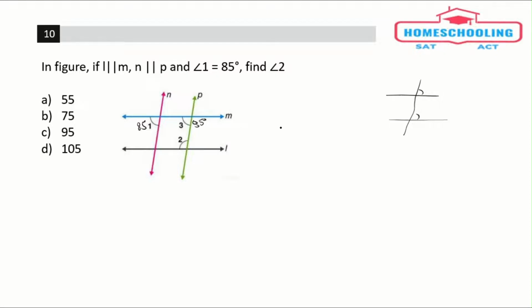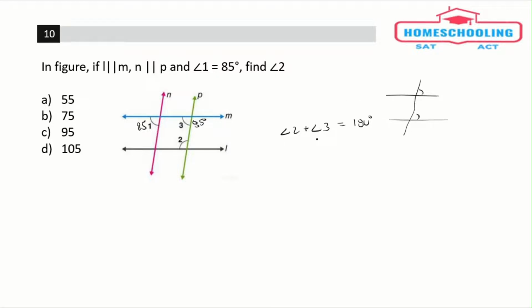And as we know, angle 2 plus angle 3 are interior angles, so their sum would be 180 degrees.